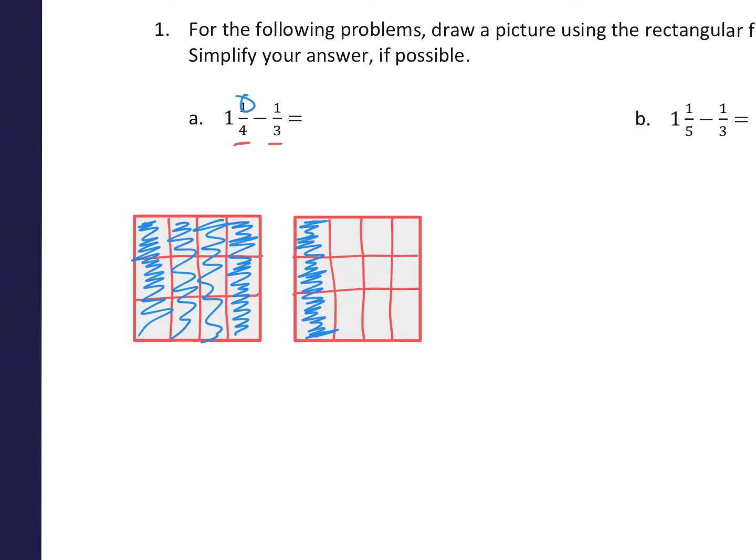We have 12 twelfths in a 1, but we have more than 12 twelfths. We have 13, 14, 15. So if we count all of these, 1, 2, 3, 4, 5, 6, 7, 8, 9, 10, 11, 12, 13, 14, 15. What we have is, I'm going to come up here and write it, 15 twelfths.